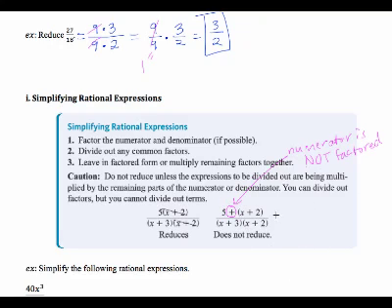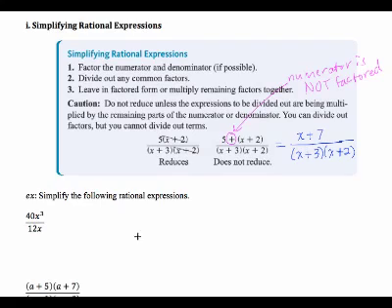In this case, you would actually simplify the numerator by adding the 5 and the 2. That's equal to x plus 7 over the product of x plus 3 and x plus 2, and you don't have any common factors there. Yes, there's an x and there's an x, but they don't cancel because you have a plus here. It's not fully factored.